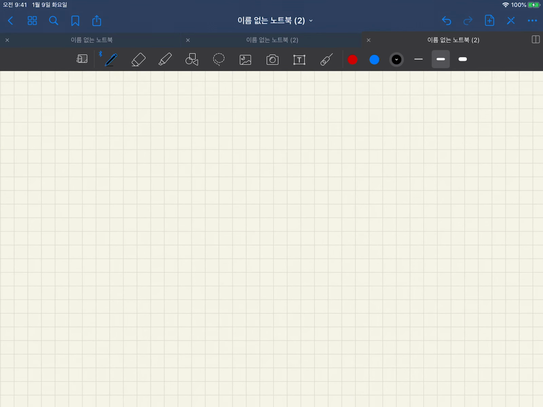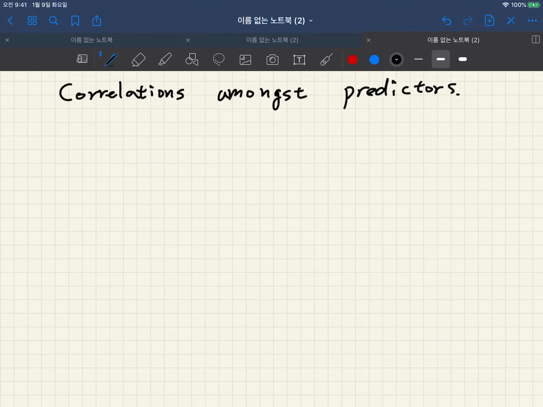So among the p number of predictors, essentially, to improve the performance, we have to consider correlations among predictors. Essentially, it is nice to increase the number of parameters or the number of predictors when you just care about the training error.